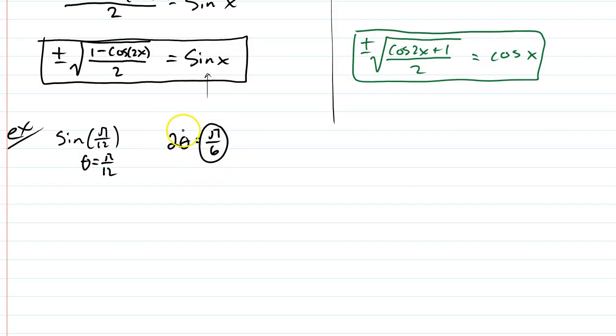And that's important because if I do 2 times the angle, I'm going to be putting it in the formula to figure it out. So what I'm trying to say here is that, in this case, the x here is pi over 12, but when you figure out the formula, you're actually going to use pi over 6. So the real trick is keeping track of what you're going to plug in. So I know pi over 12 is in the first quadrant, and it's sine, so it's going to be positive.